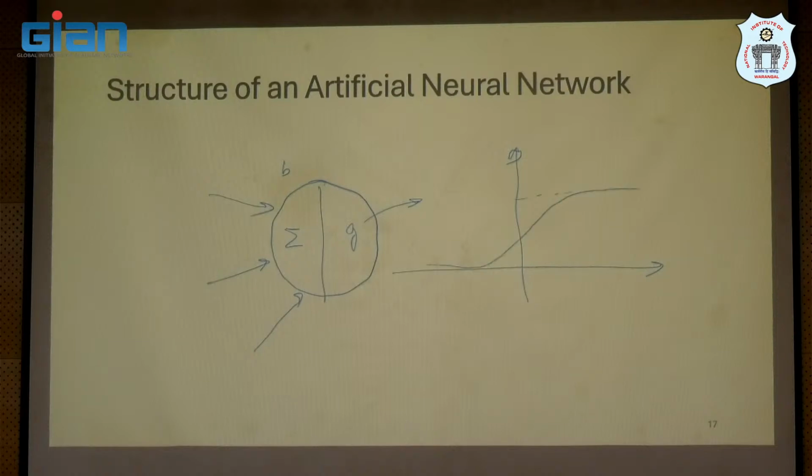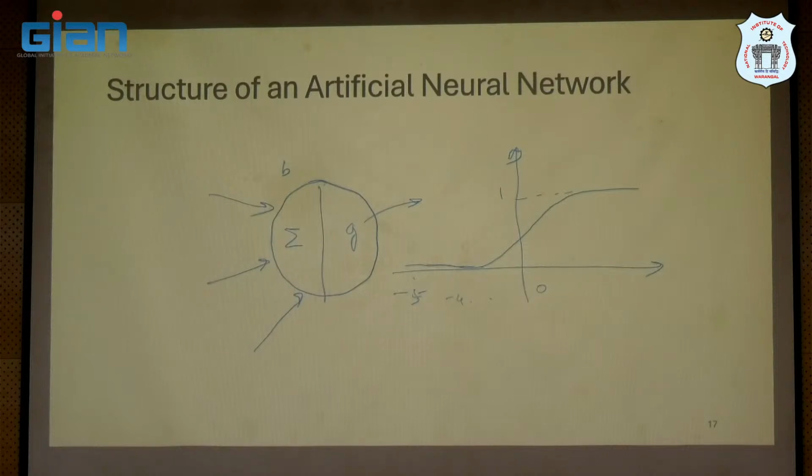So this is maximum of 1, minimum of 0. What does that mean? If the input going into the nonlinear function is a negative value, minus 5, minus 4, let's say, something like that, then the output of the nonlinear function will be very close to 0. On the other hand, when the input to the nonlinear function is a large positive value, the output will be very close to 1.